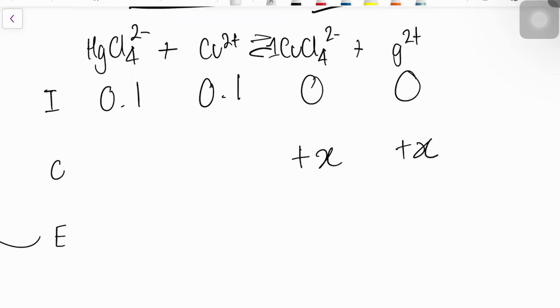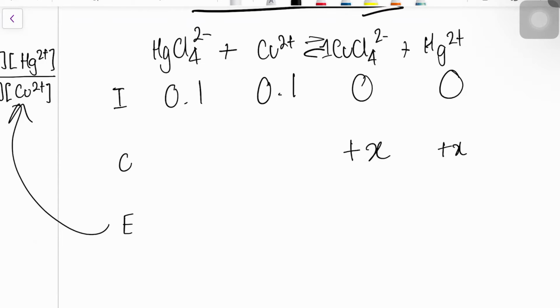But if, for example, it was 2Hg2+, then that would be plus 2x. So look at your coefficient: if it's 3 at the front, it's going to be plus 3x for that thing. Same thing for the others. If it's 2 here, but I'm shifting away from it, then it would be minus 2x. But in this case, it's just a 1, so it's going to be minus x here and minus x here.